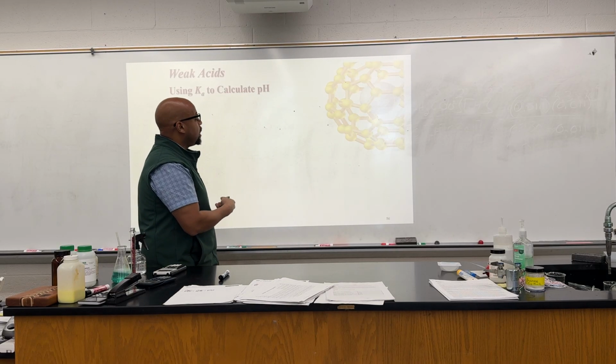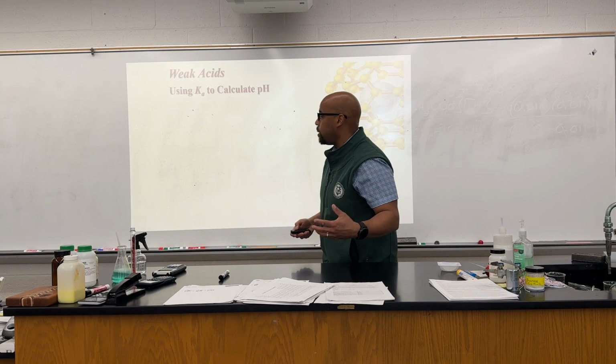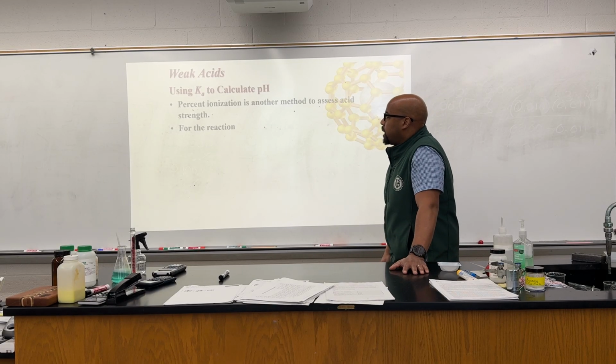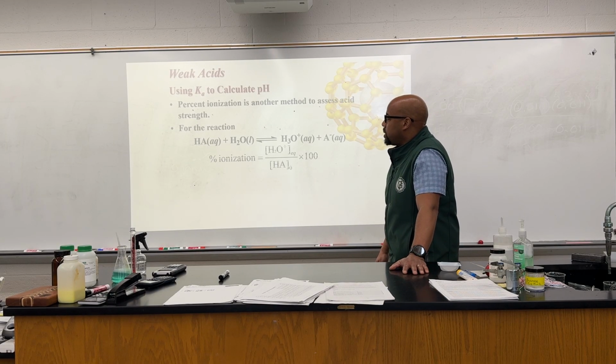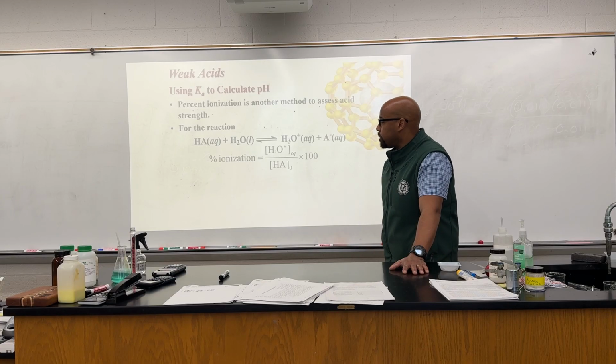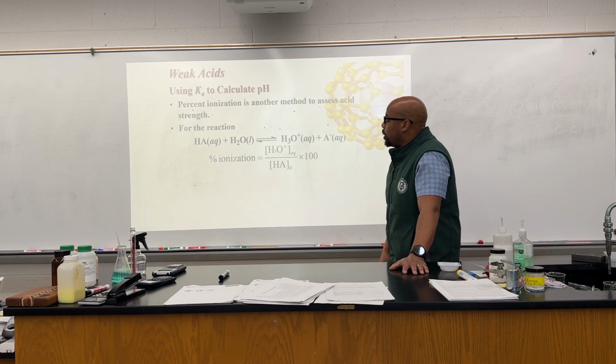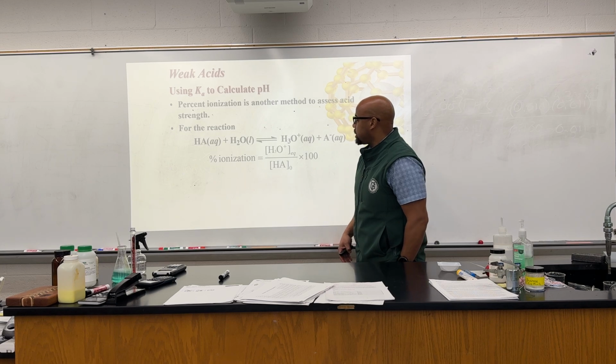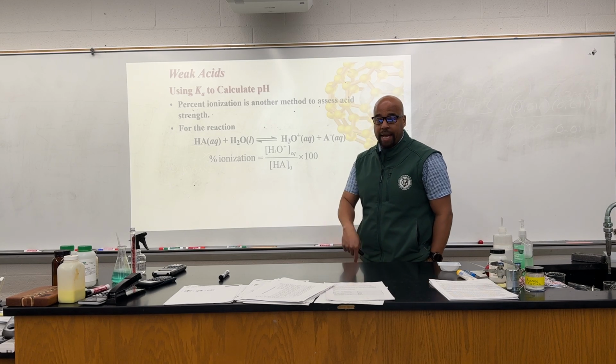Percent ionization. This was something we discussed really quickly in the last period. And one of the things that we said is when it comes to the percent ionization, or once again, also referred to sometimes as percent dissociation, it's basically an equation that simply looks at the degree of dissociation of the acid.